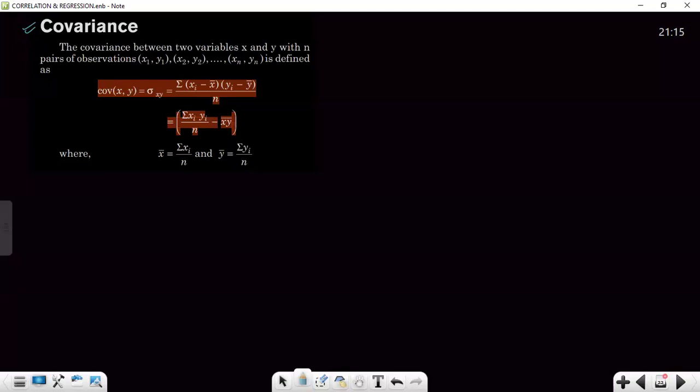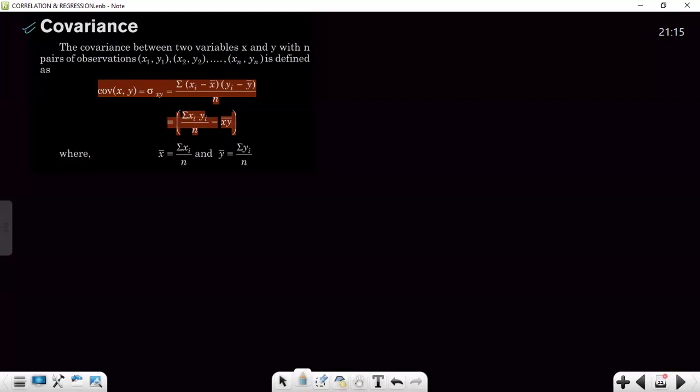So the covariance between two variables x and y with n pairs of observations is defined as covariance of xy equals sigma, the operator sigma, (xi minus mean of x)(yi minus the mean of y), divided by n. This is basically the formula of covariance. Very easy for you to remember.